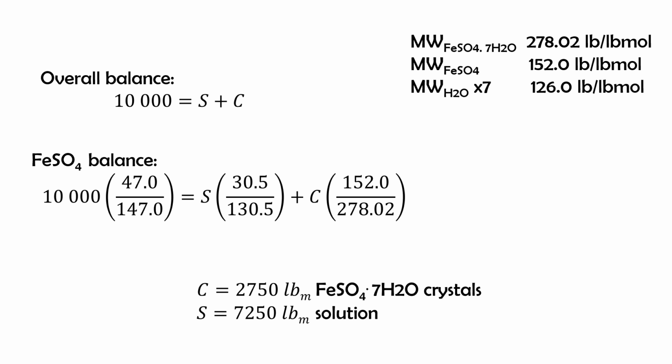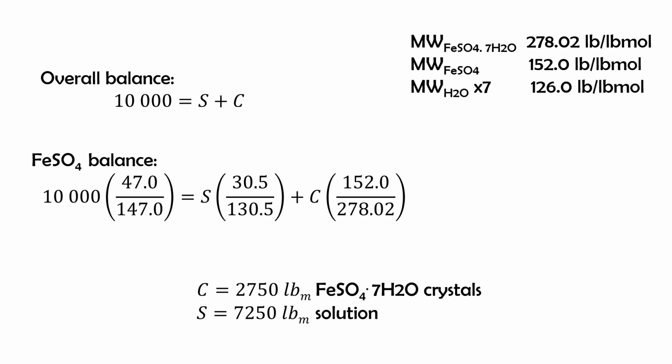This is equal to S, an unknown variable, times 30.5, which is the amount of ferrous sulfate in S, over 130.5, the total amount of ferrous sulfate and water in S. This plus C times 152, the molecular weight of ferrous sulfate, over 278.02, the molecular weight of ferrous sulfate heptahydrate.